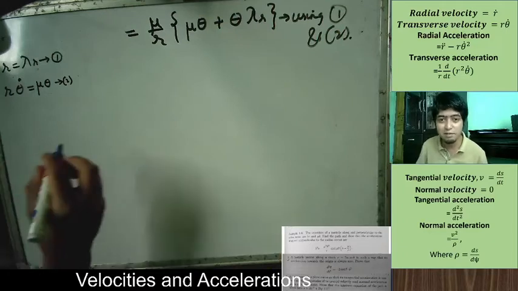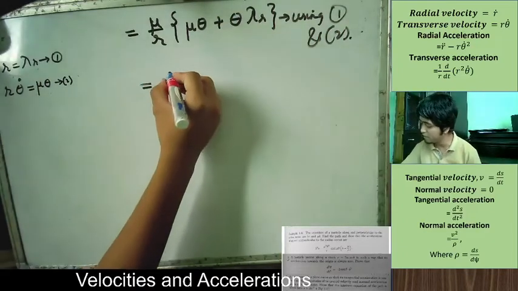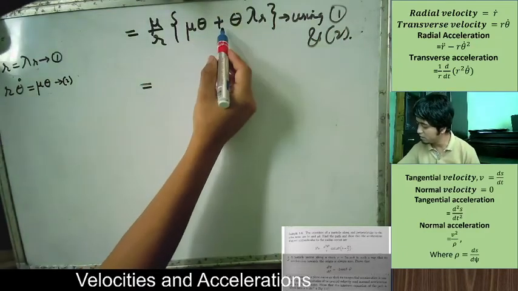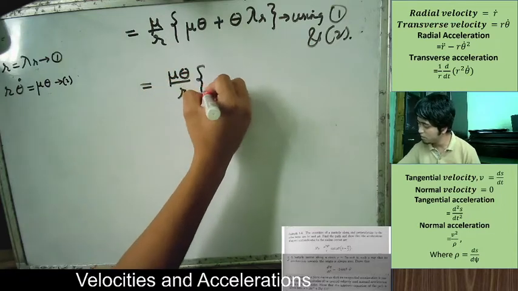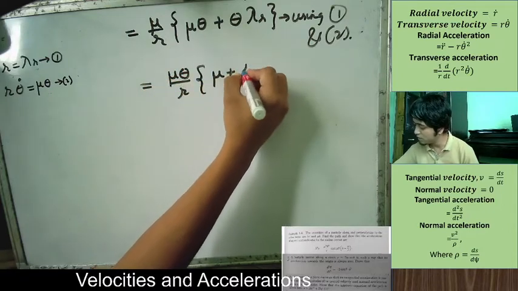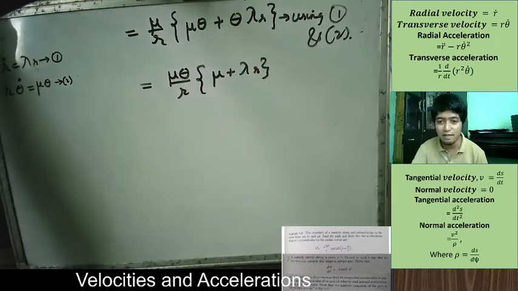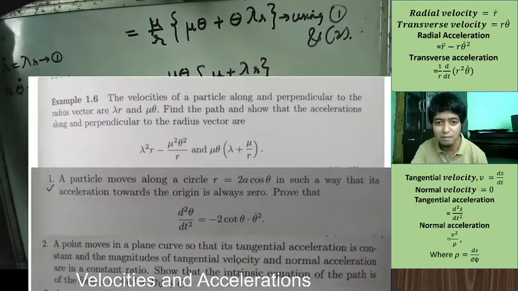Now we just need to simplify it. Theta you can take outside, it is common in both: mu plus lambda r. Let us see whether that is the required expression or not.